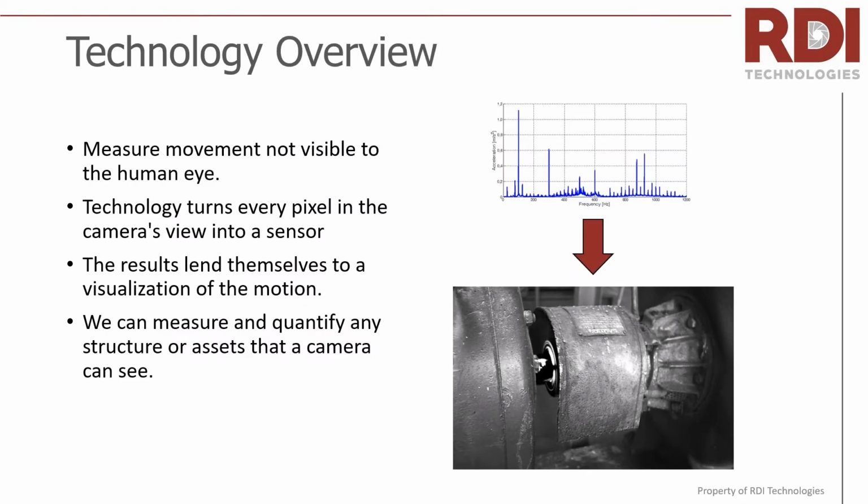Relating it back to vibration, in a nutshell, this is what we're doing. We're taking this concept of a spectrum, which may be difficult to understand depending on your level of expertise, and turning it into something very intuitive, which is a video.